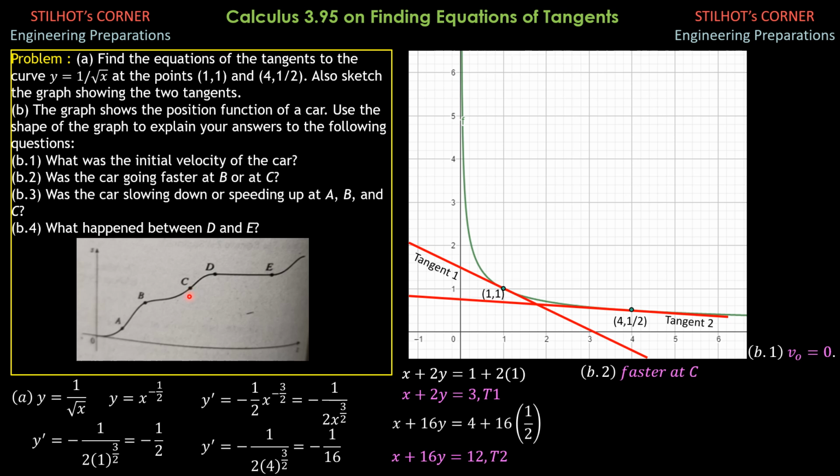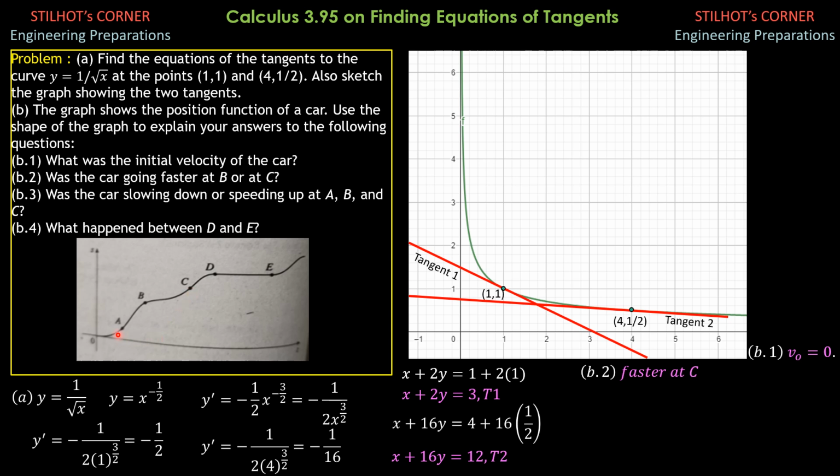The first derivative is velocity. And because the slope of the tangent before C and after C is the same, the second derivative of s with respect to time is 0. So it is neither slowing down nor speeding up at C.